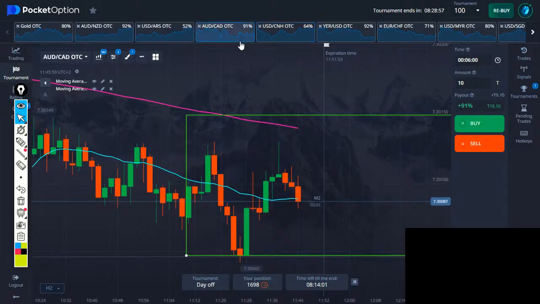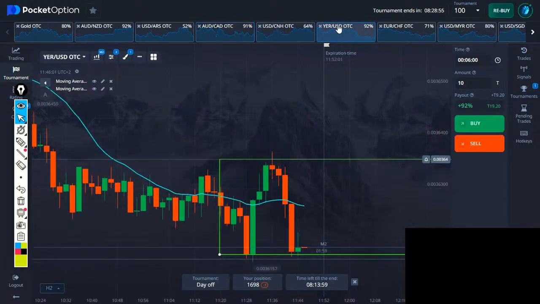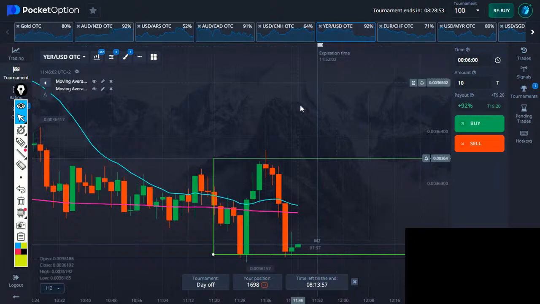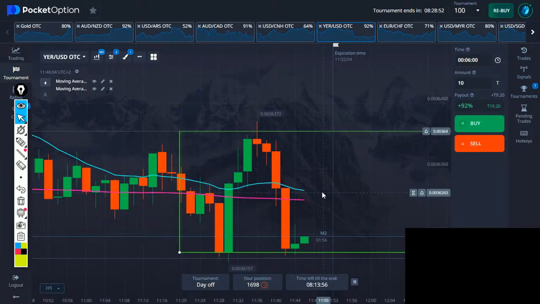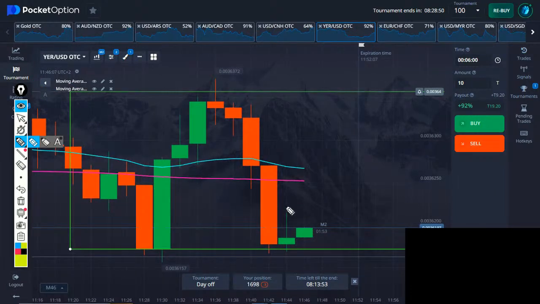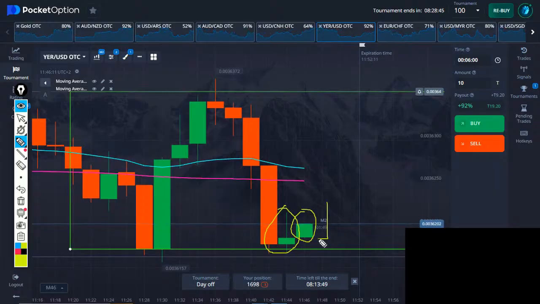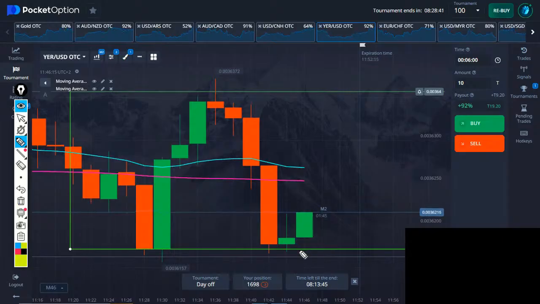So we are waiting for one of our 3 events to happen. See, this is beautiful. If this one closes the same thing, topping tail bar, I'll take the sell. Especially if it closes here, somewhere below the support line.